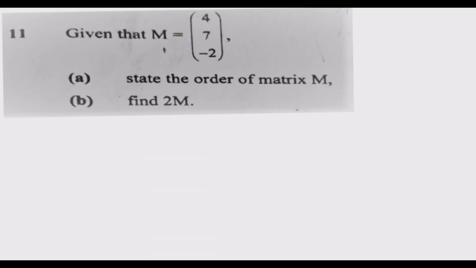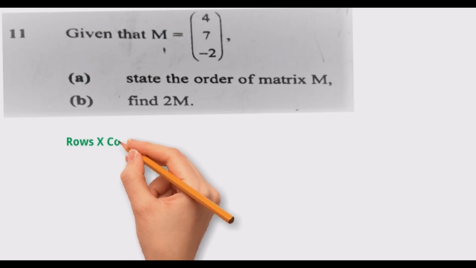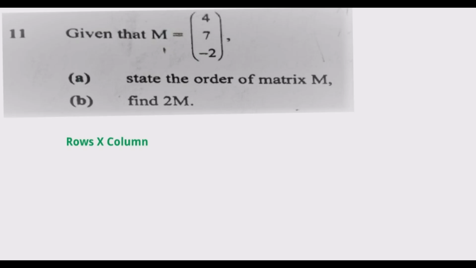Question 11 is, given that M equals the matrix 4, 7, -2, then state the order of matrix M. B, find 2M. When stating the order of a matrix, you start with rows, then columns.